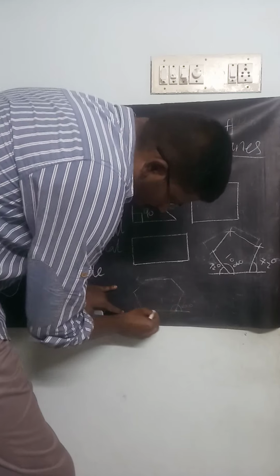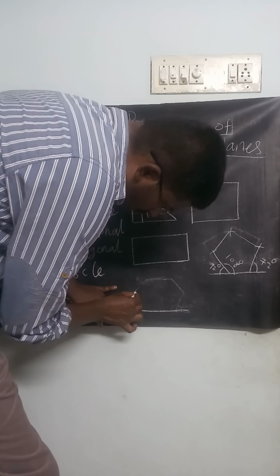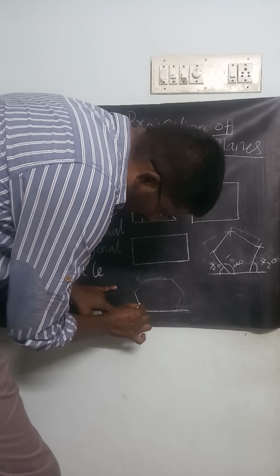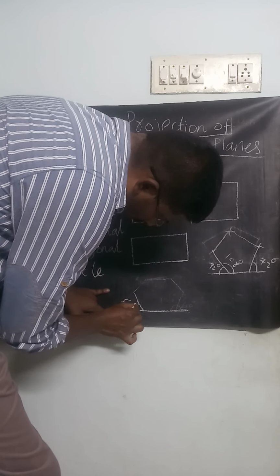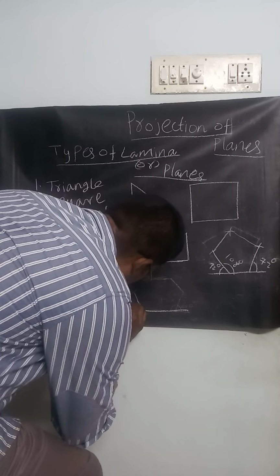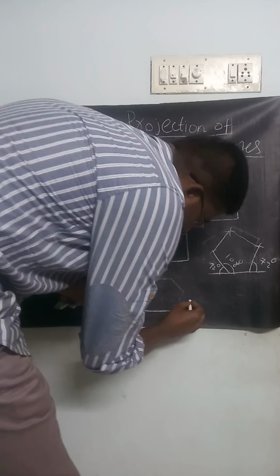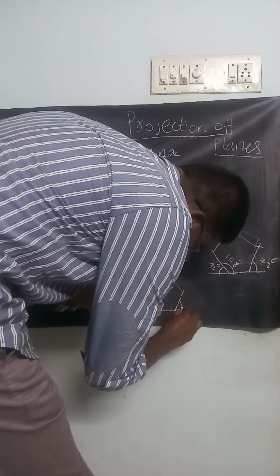First, you draw a baseline. You take this 60 degrees, and also on the opposite side 60 degrees.